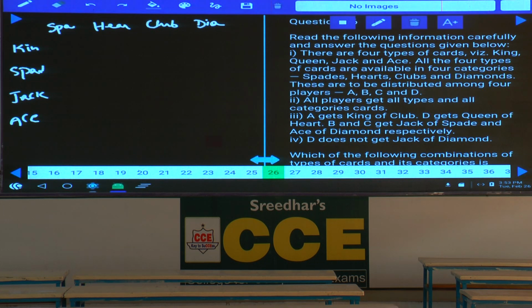King, queen, jack, and ace. There is no spade at all, isn't it? Then king, queen, jack, ace, spade is there in this one category. King, queen, heart and club, isn't it? King, queen, jack, ace, spade, heart, club, and diamond.